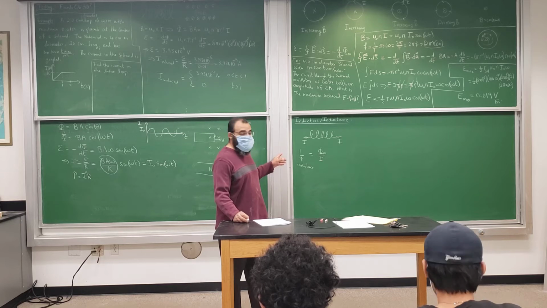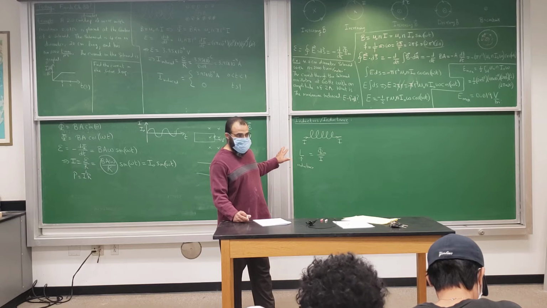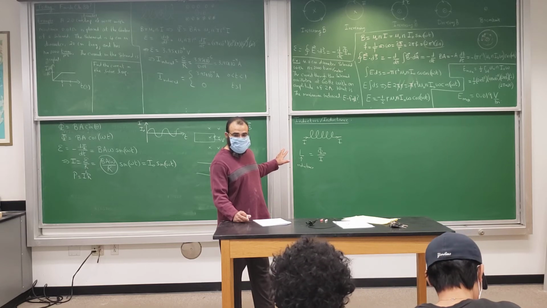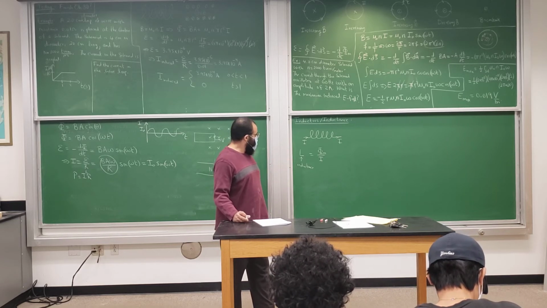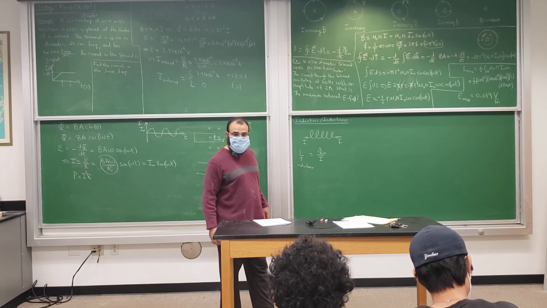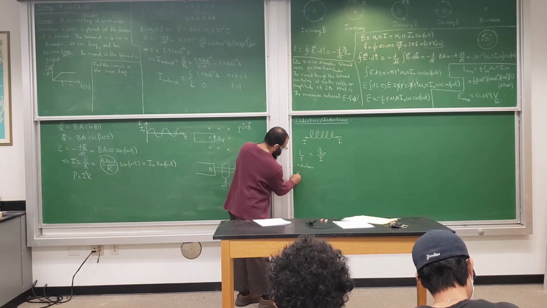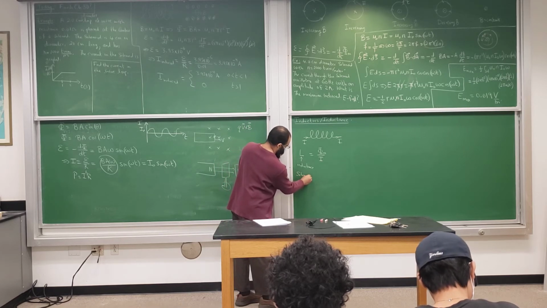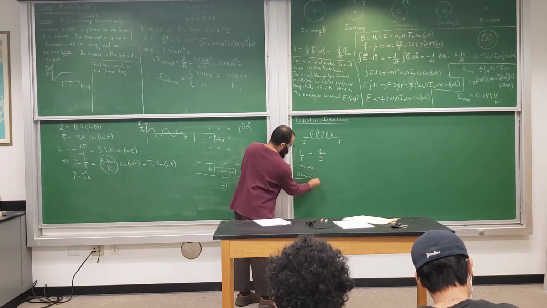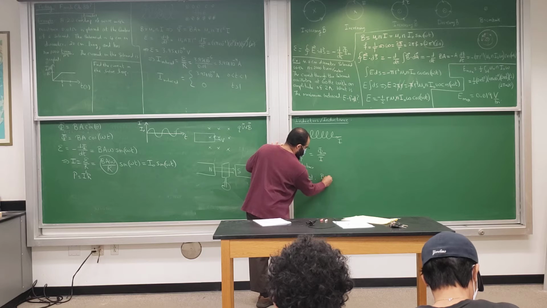So let's first figure out what the inductance is for a solenoid, just to get a feel of what's going on, and then we will see how we can use this. Remember, the magnetic field for a solenoid is what?